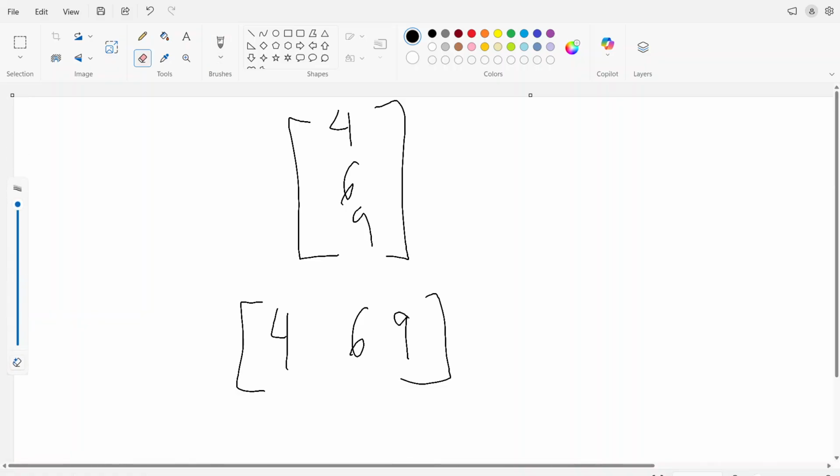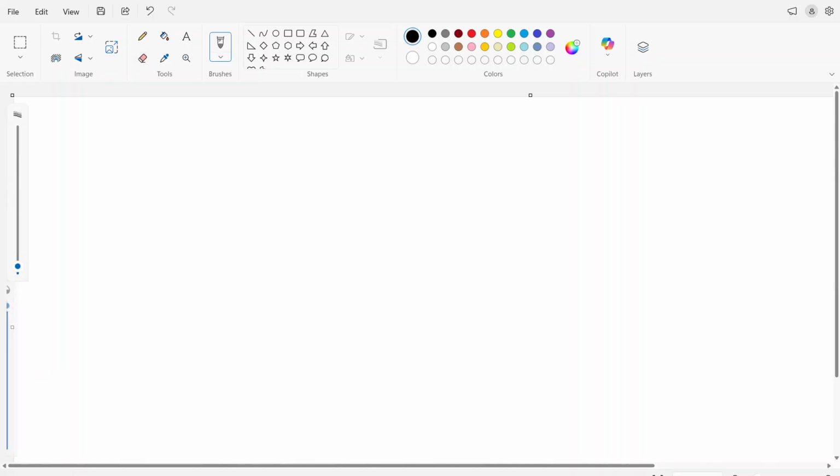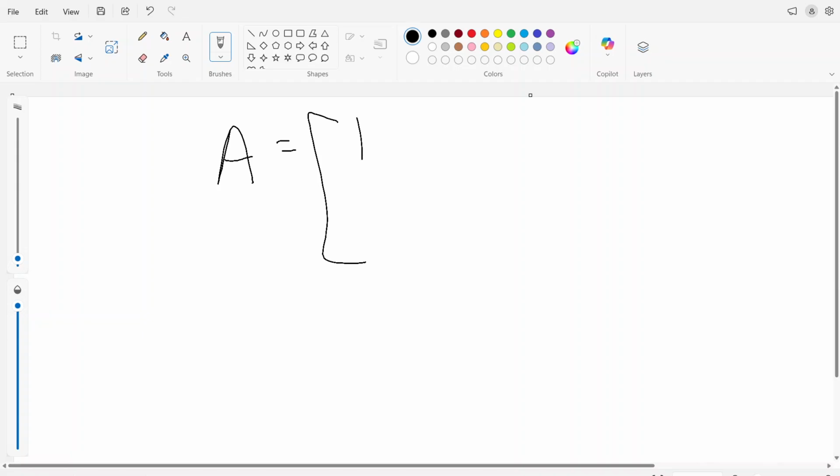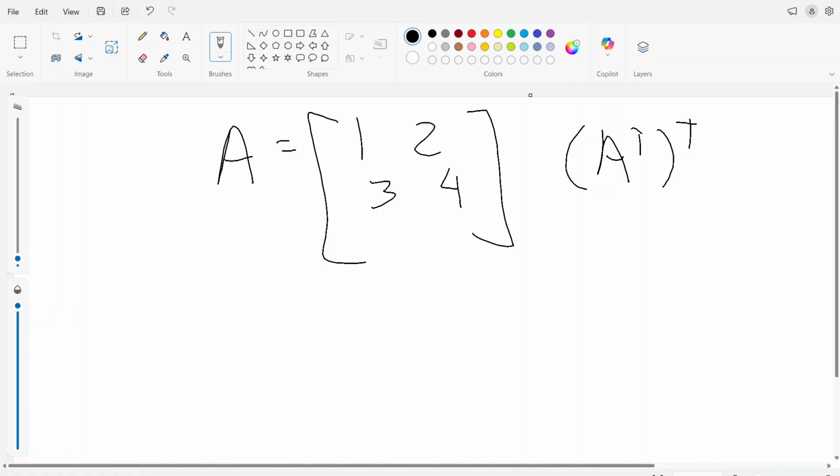Now, example number 4, we're going to look at some properties. Given this matrix A, [1, 2; 3, 4], we want to find (Aᵀ)ᵀ. So first, let's go through the actual proof.